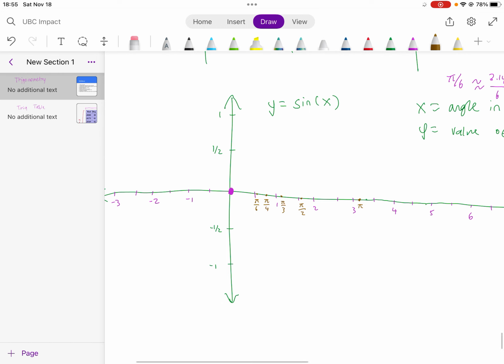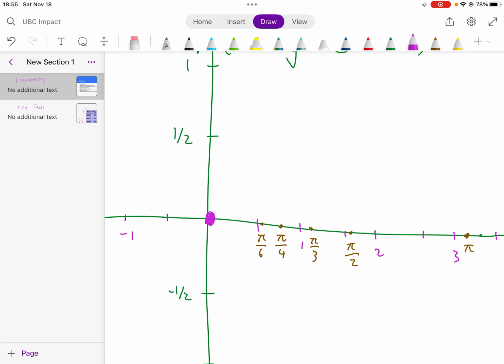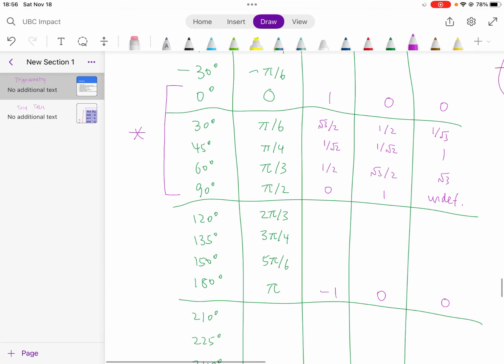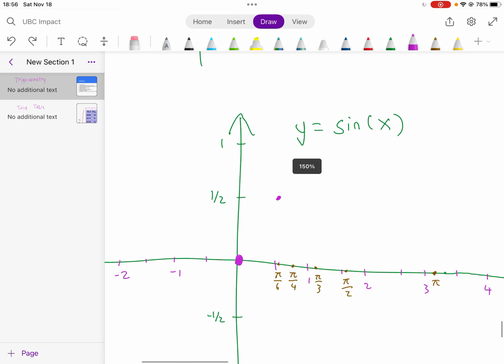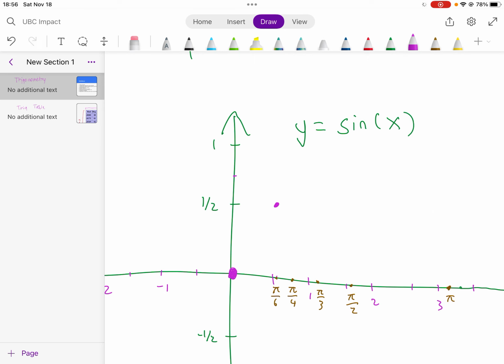Okay, so when x is equal to pi over 6, y is equal to 1/2, so we are going to put a point right here. And when x is equal to pi over 4, if we look at this graph above, then y is equal to 1 over square root of 2, which we said was about 0.7. So 0.7 would be like here, right?